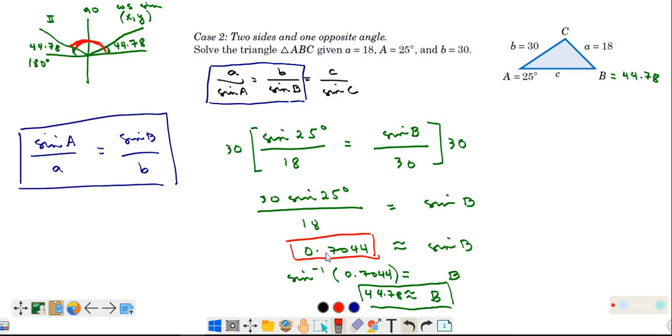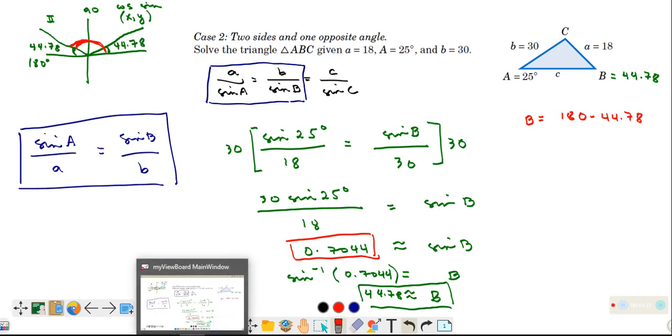Parehas kayo magkakaroon ng 0.7044. So, ano yung angle na yon? So, yung angle na yon is given by, so si B, pwede rin siyang maging 180 minus 44.78.